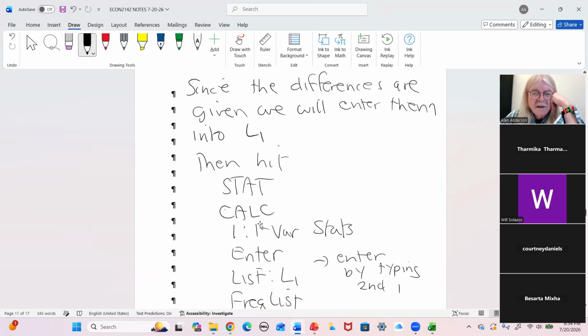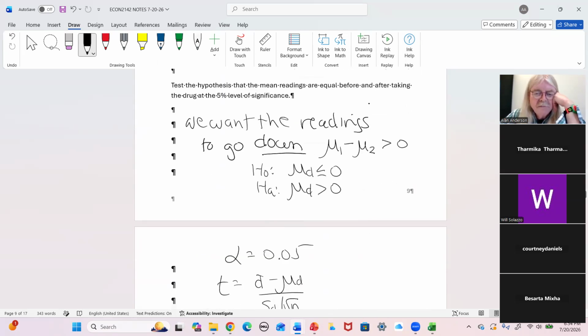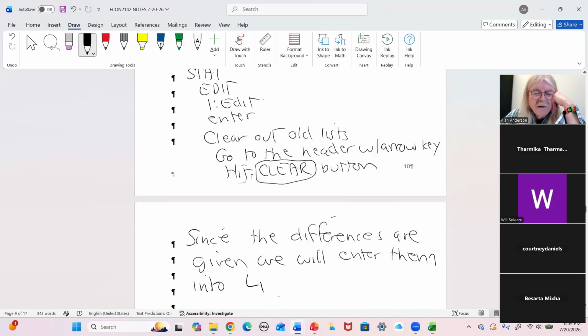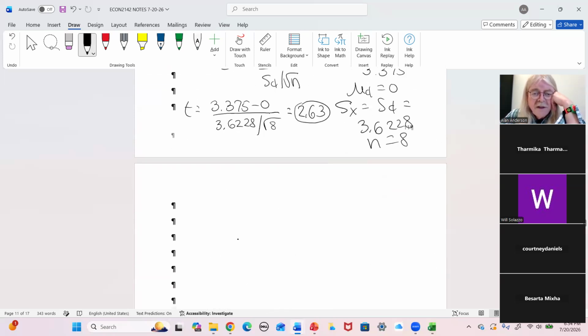Now remember, this is a right-tailed test. Let's go back and show you that again. And so our critical value will be now, since we only have one sample of data, meaning the differences, this one is a very easy formula for degrees of freedom.